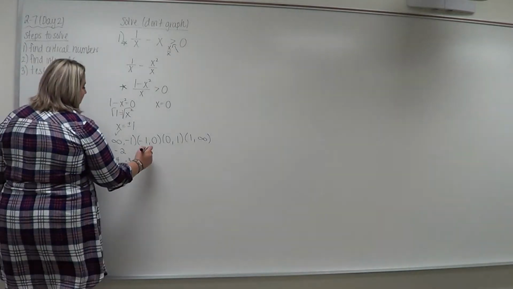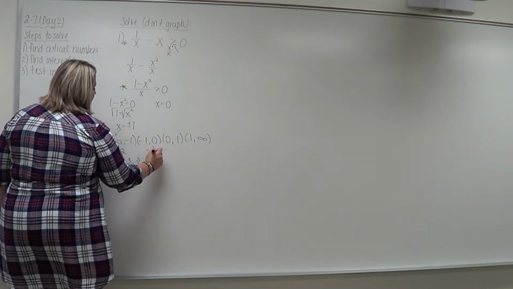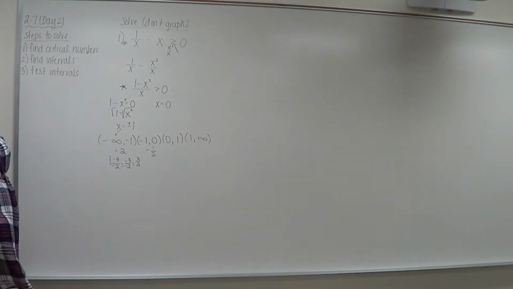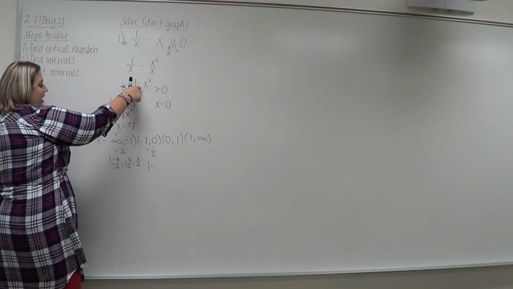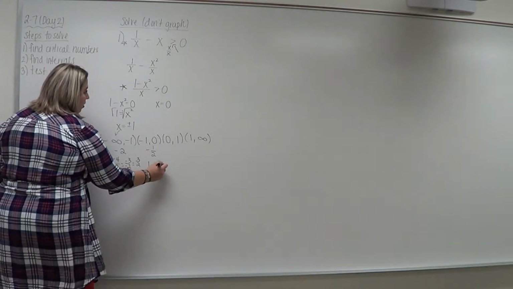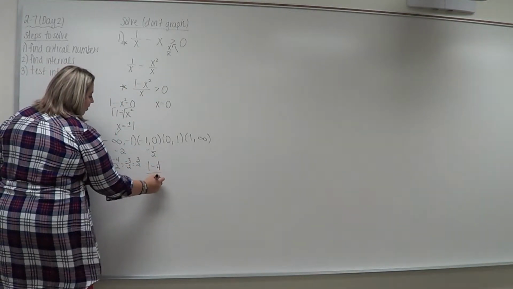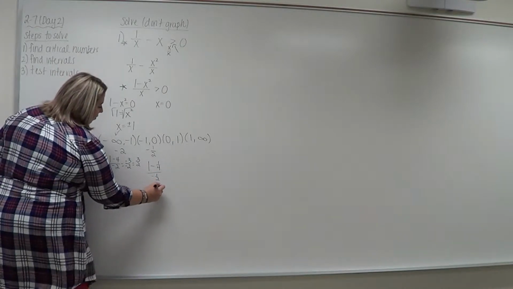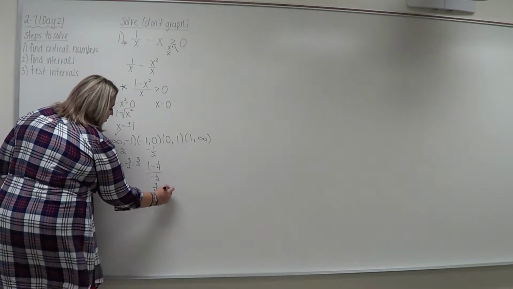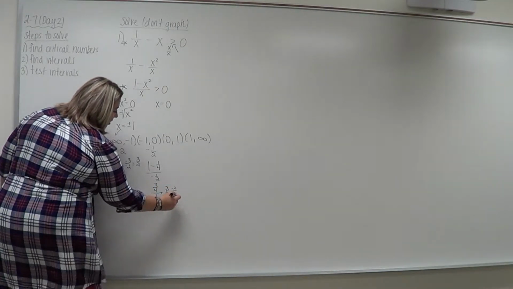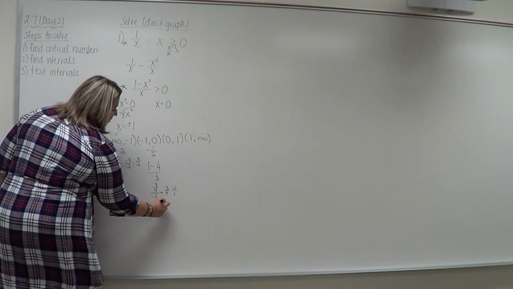Is everybody okay if I do negative 1/2 for the next one? Sure. Okay, so this would be 1 minus negative a half squared, which is a fourth, over negative a half. So this would be 3/4 over negative a half, which would be negative 1.5.